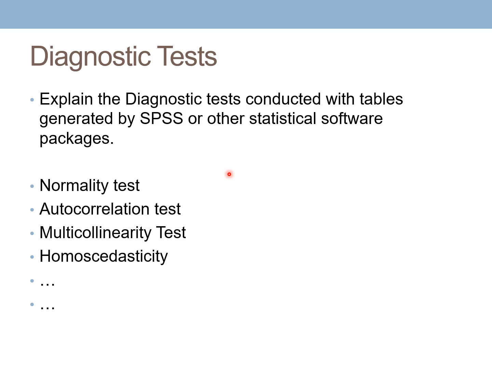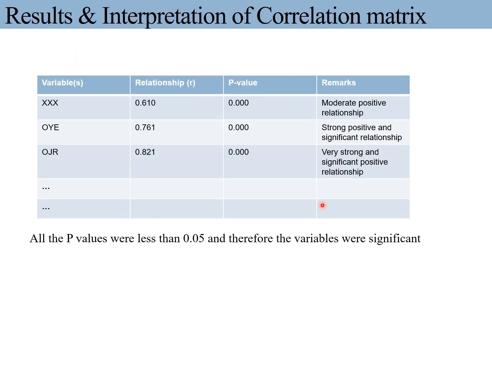Okay, and the next table talks about results and interpretation of the correlation matrix. You look at the variables that you have taken, the independent variables, the moderating variable, and the combined effect of the variables. When it gives you such a value, for example, if the R value there is 0.610, it means that there is a moderate positive relationship.